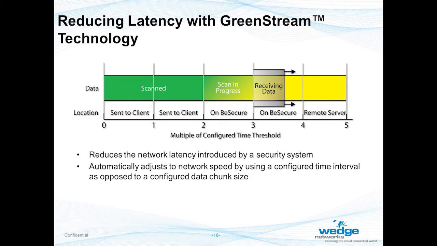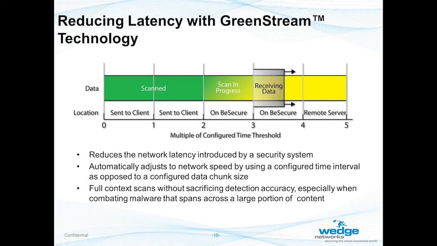In many common cases we have seen your mobile device on a very slow part of the network, for example on GPRS or 3G or whatever have you, and the speed at that time is slow. But the server on the other side could be very fast, so we have to adjust for the throughput and ensure that we're scanning content as needed.